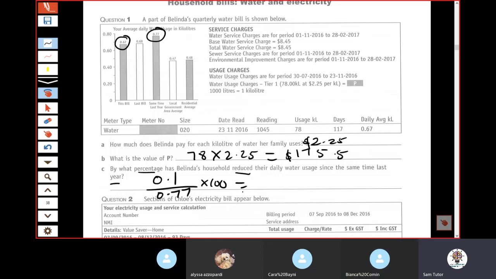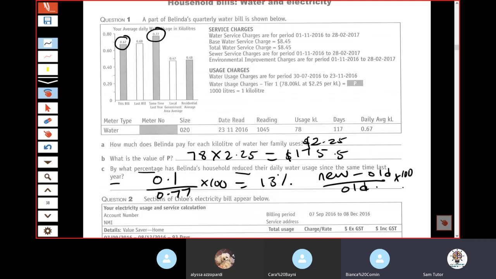If you're ever wondering how I knew to do that, I think if you round it up, it's about 13%. If you're wondering how I knew to do 0.77 instead of 0.67, you can follow this rule: new minus old over old. So it's always going to be divided by old, which would be 0.77. Yeah, I was actually going to ask you that, and you just answered that.